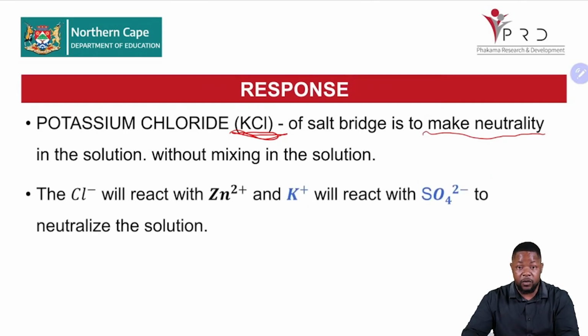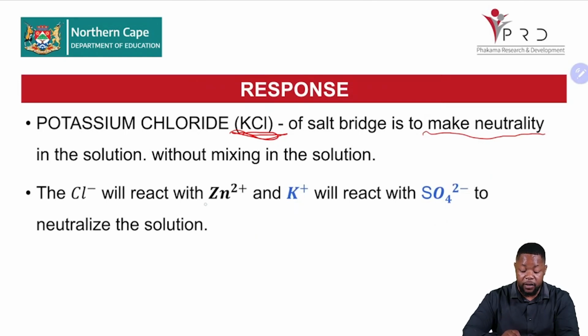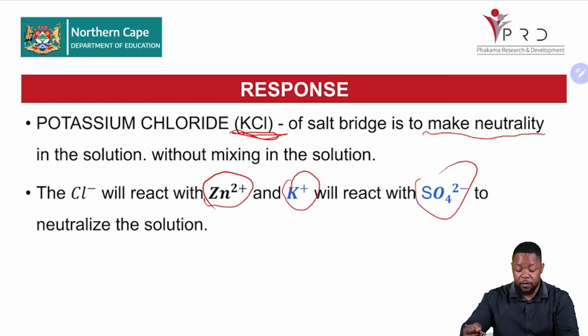The chloride ions, which are negative, will react with the positive zinc ions, and the positive potassium ions will react with the sulfate ions. You will understand this as we carry on with the lesson. So that is the response to the baseline activity in the previous slide.